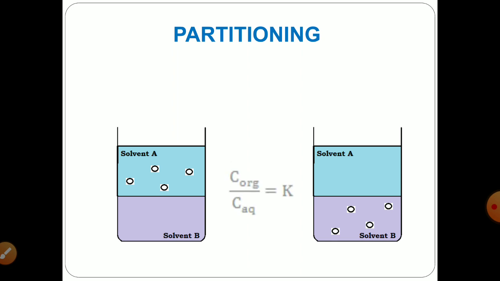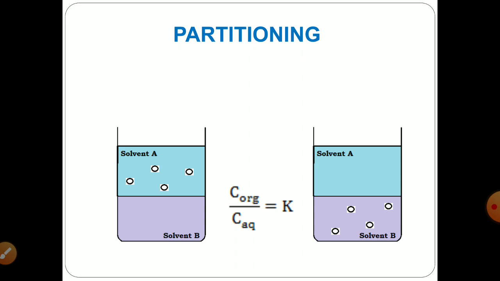And this partitioning of your solute based on its affinity toward any one of the solvents is given by the partition coefficient, as the concentration of your solute in the organic layer to the concentration of solute in the aqueous layer. So this is the ground on which you can differentiate partitioning from distribution.